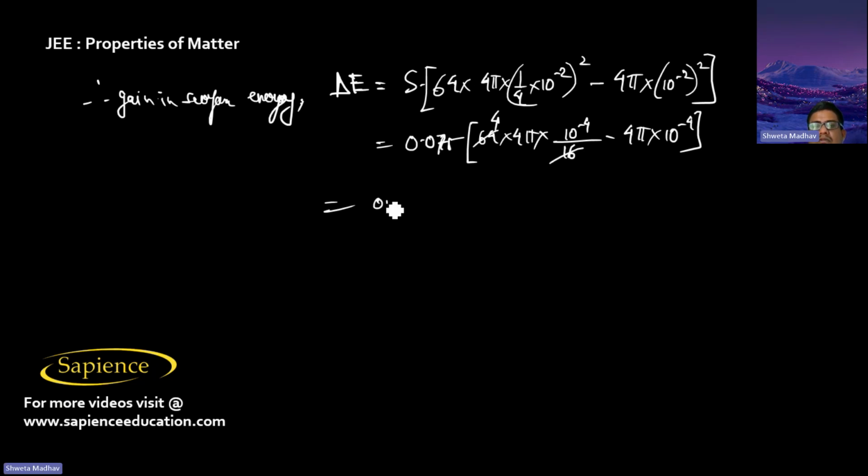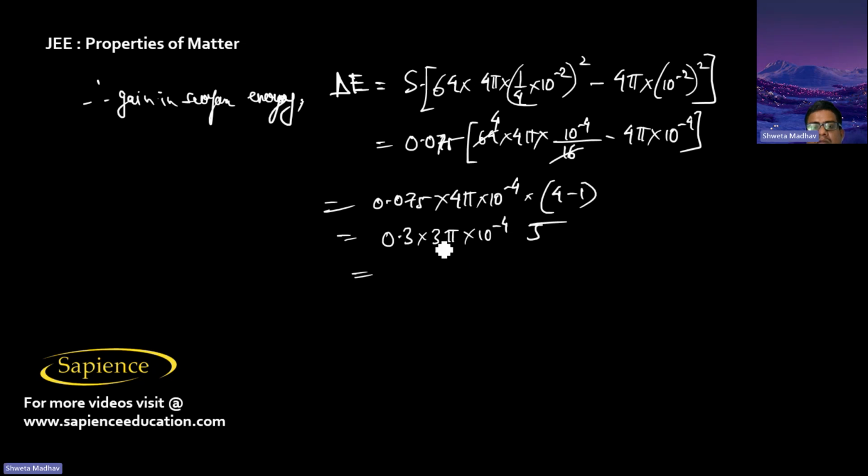So this will be 0.075 into 4 pi into 10 power minus 4 into 4 minus 1. 4 5 20, 4 7 28. So this is 0.3 into 3 pi into 10 power minus 4 joule.